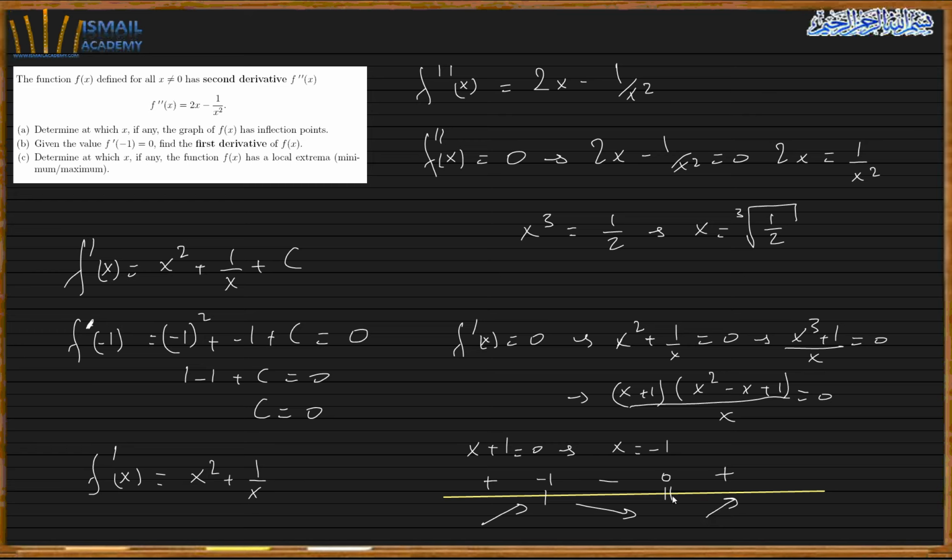It's given to us that x is not equal to 0, so here we have a local maximum at minus 1. So at x equals minus 1, f of x has a local max.